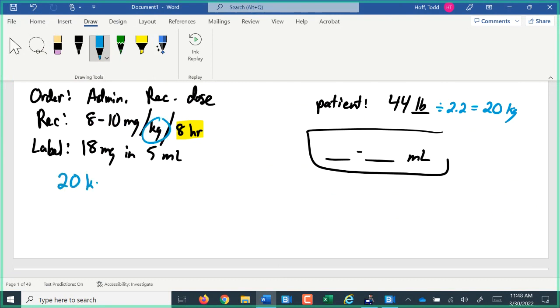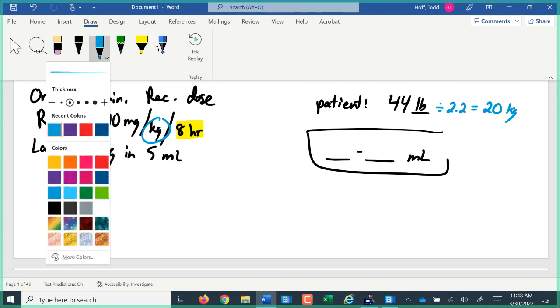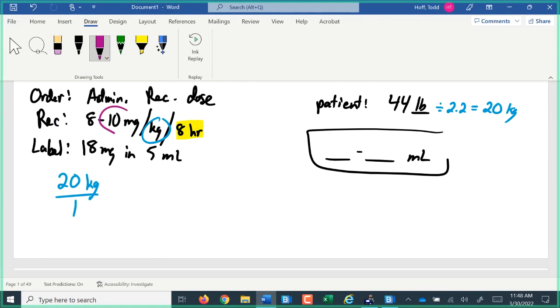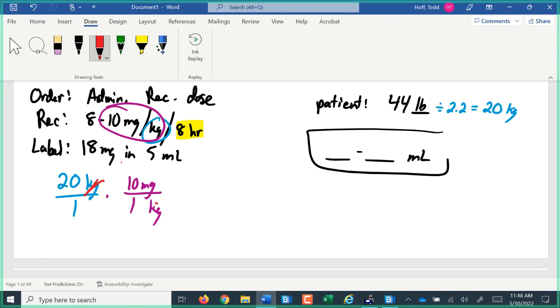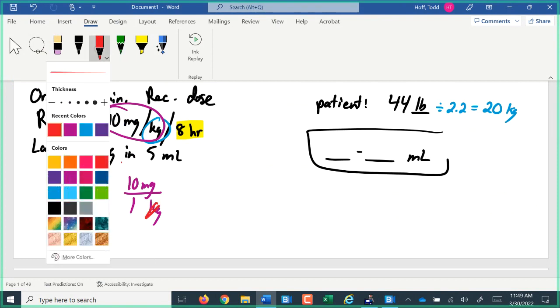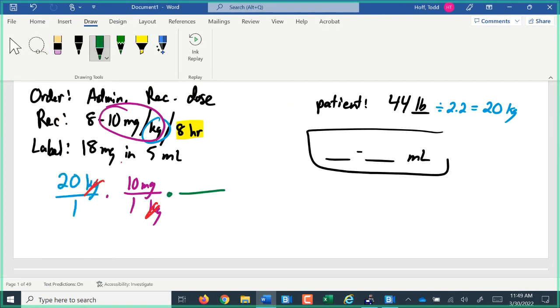So we start with 20 kilograms and we put it over 1. Once again, we're going to use the maximum recommended dose. Here are kilograms, we put kilograms on bottom, 10 milligrams per 1 kilogram. And our kilograms have canceled out. Milligrams go on bottom now to get rid of them.